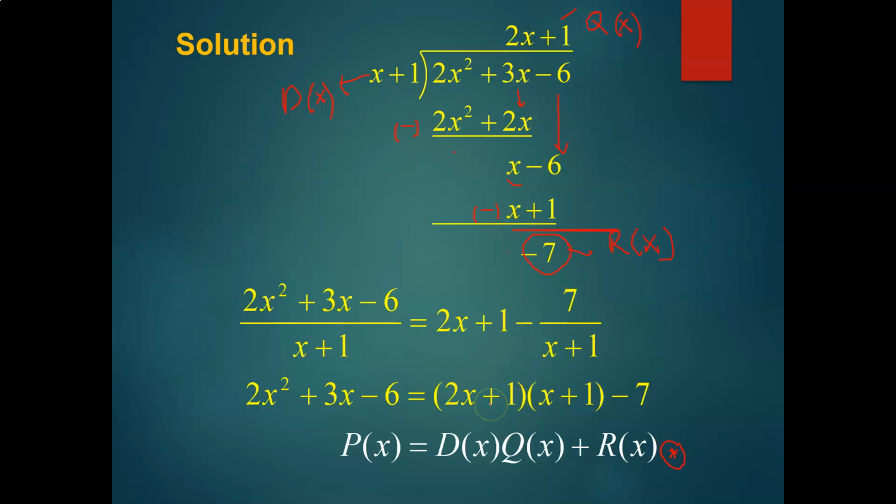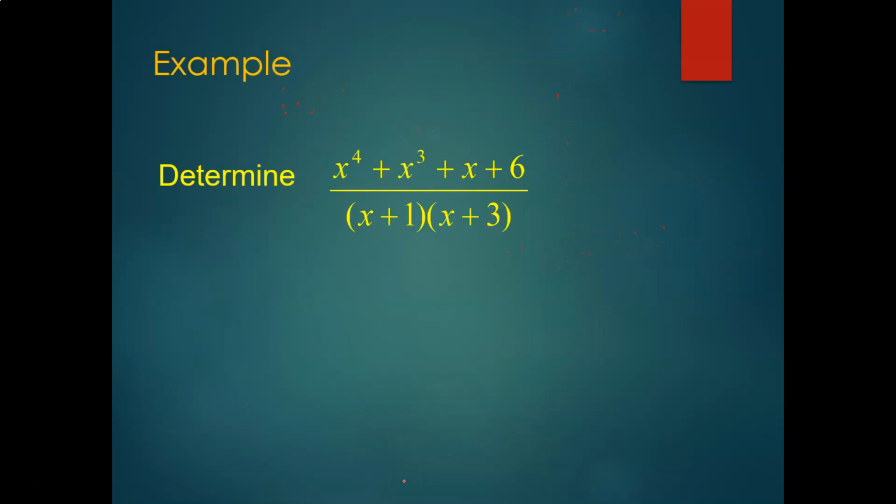So, what is your quotient? Your quotient 2x plus 1 times divisor. This is your divisor, x plus 1, minus 7. Because your remainder is negative 7. So, yang ini, actually samalah dengan yang ini.